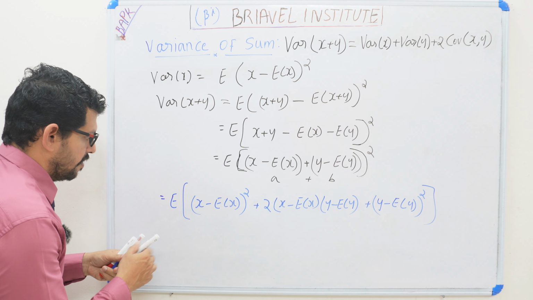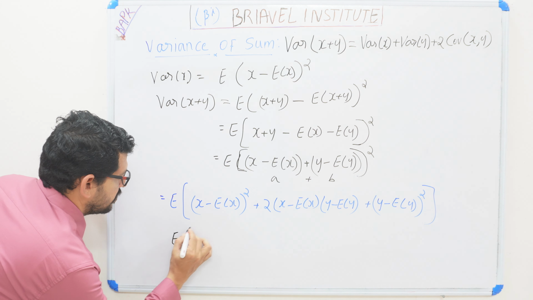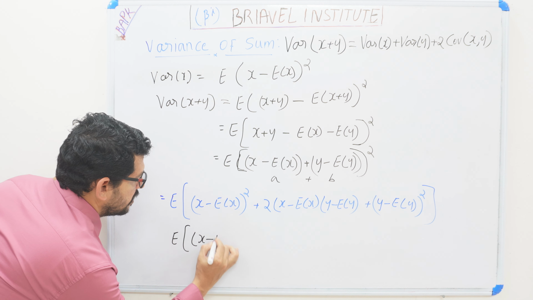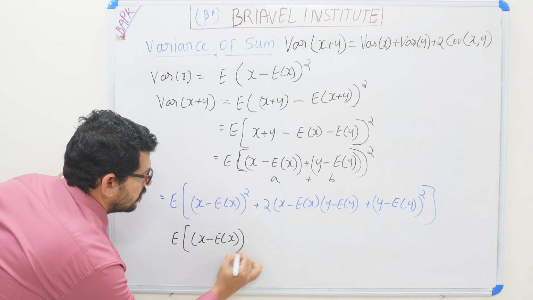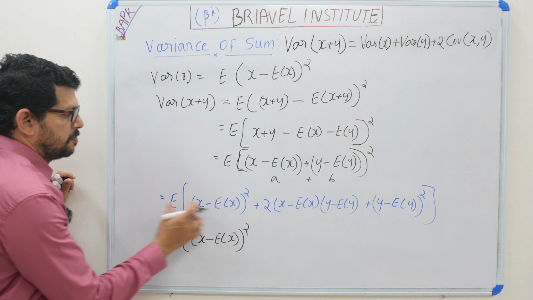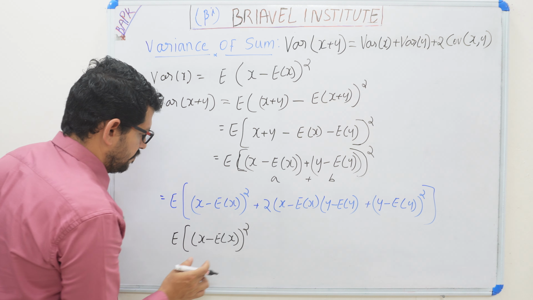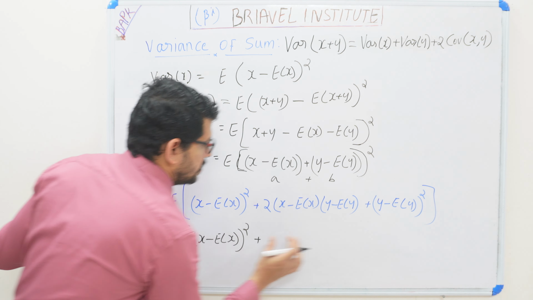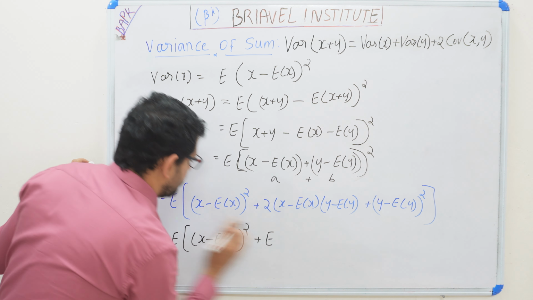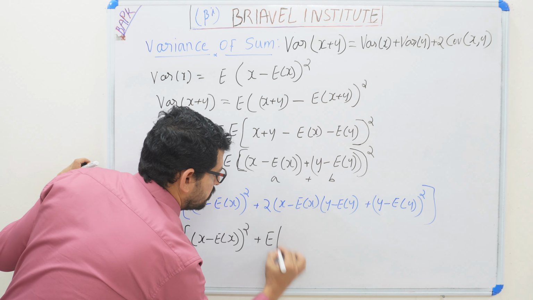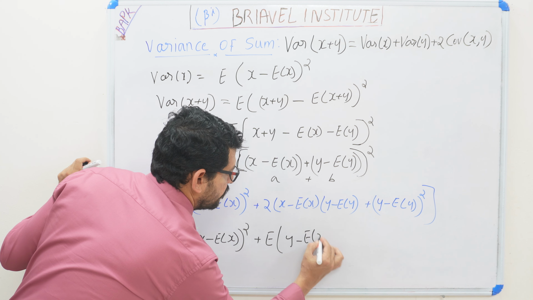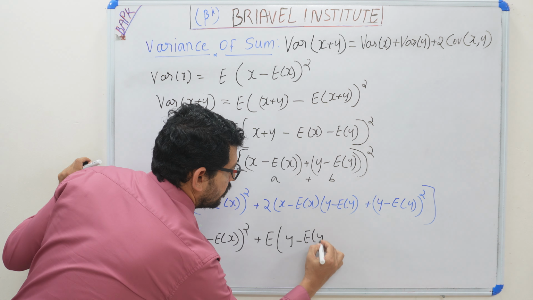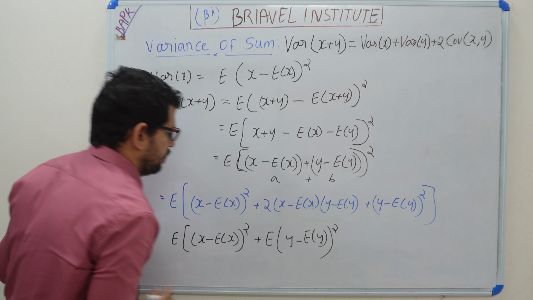Rearranging here, the expectation of x minus expectation of x all squared, this expectation is given to this term, plus I write this term here: the expectation of y minus expectation of y all squared.